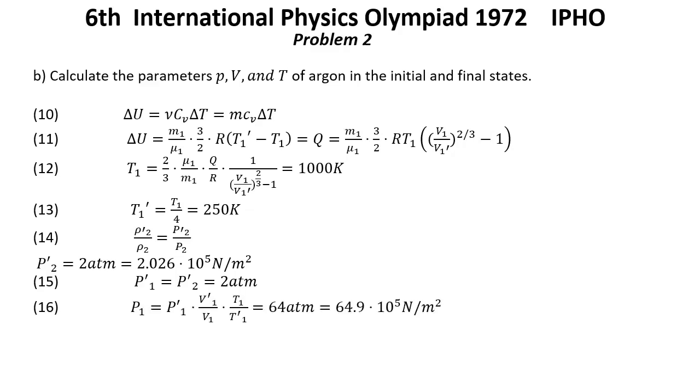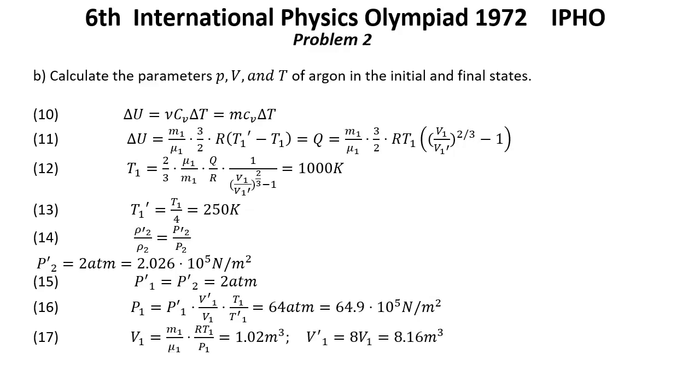And for argon we have P1 equal P prime 1 multiplied by V prime 1 over V1 multiplied by T1 over T prime 1, which is 64 atmospheres or 64.9 multiplied by 10 power 5 Newton per square meter.